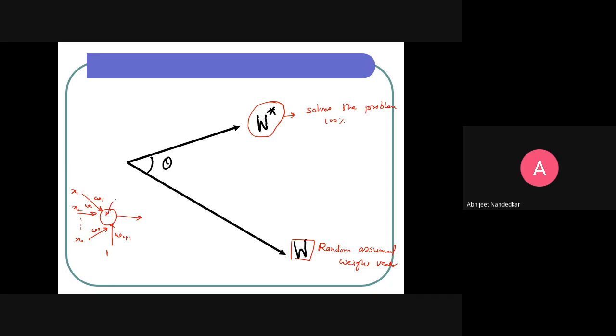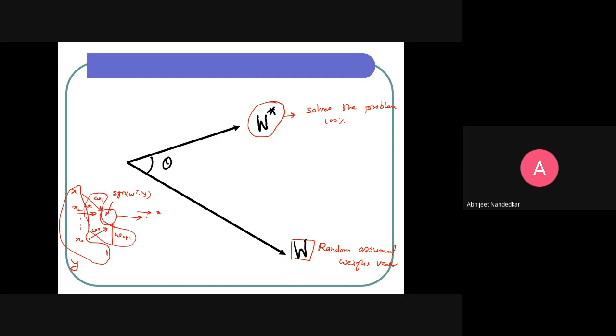What will be the output here? The output will be sign of W transpose Y. Okay, this will come as output, and this augmented input we are calling Y. And what will be the weight vector dimension? It will be n plus 1.